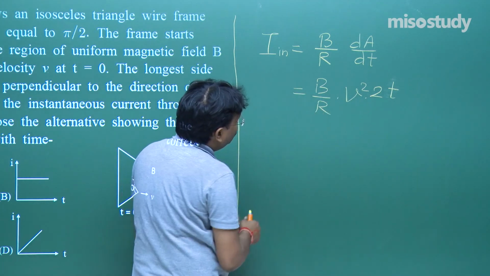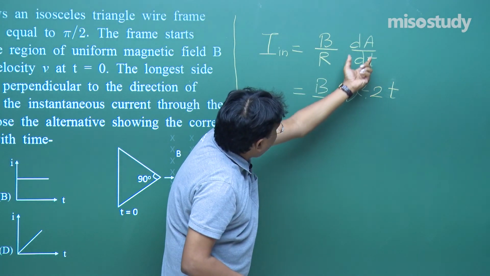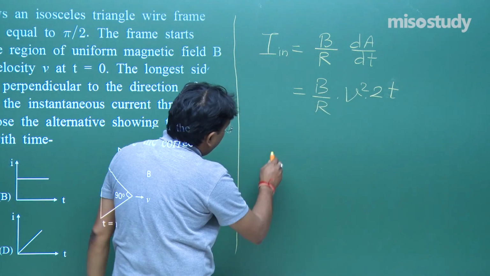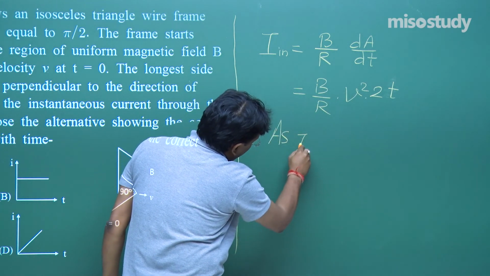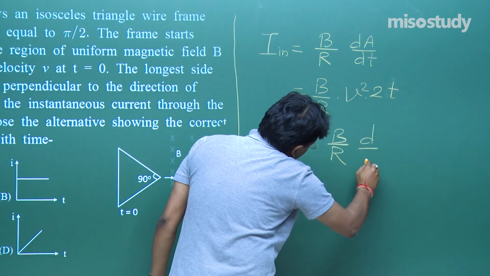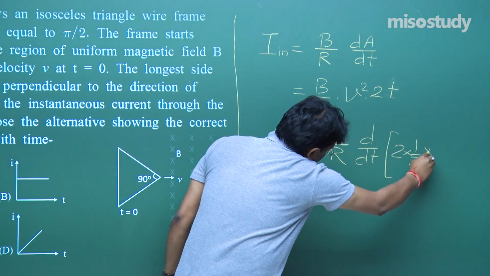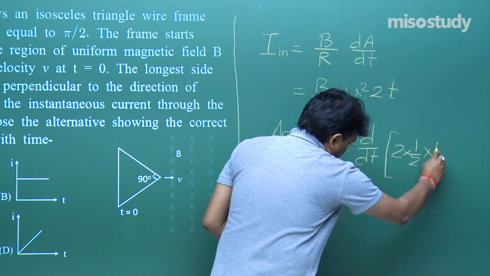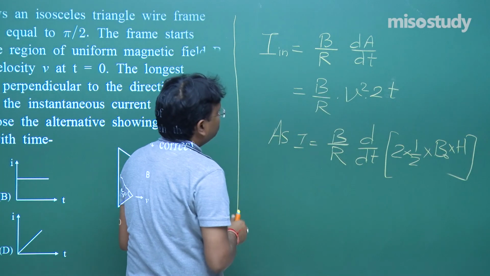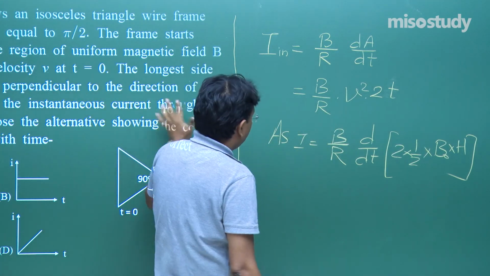Now, what you should do, B upon R out, d by dt, at the place of A you should write down this expression, fine, as I is equal to B upon R d by dt 2 into 1 by 2 into B naught into H, fine, nothing, just I am writing in the terms as it is given.